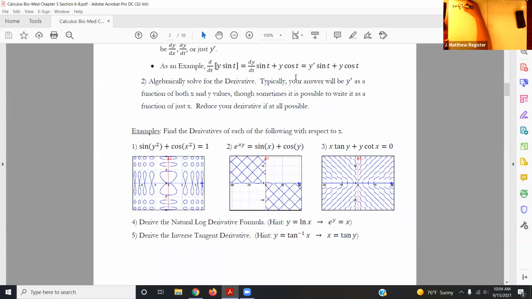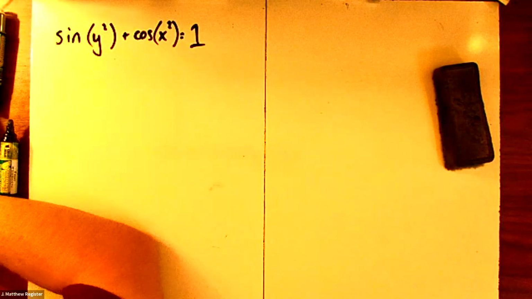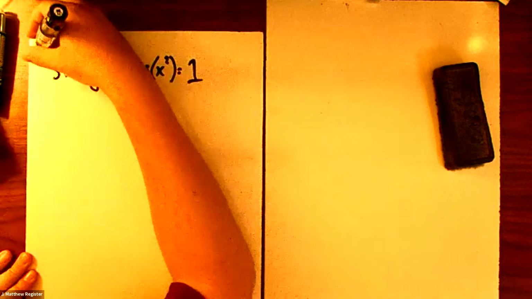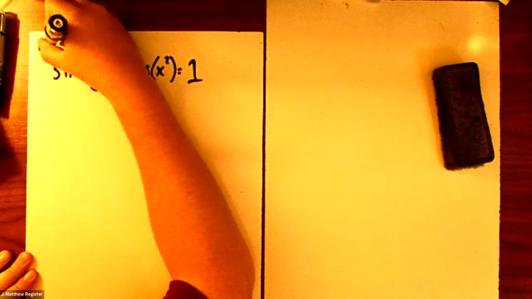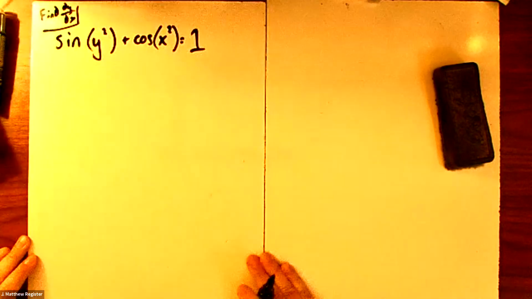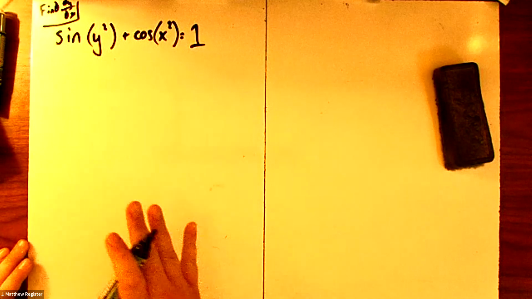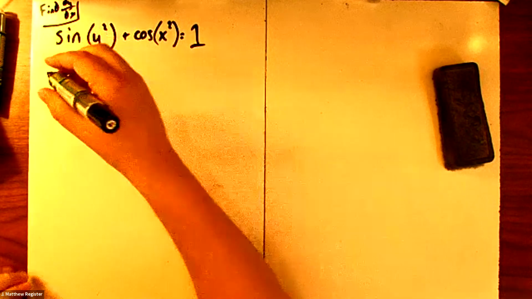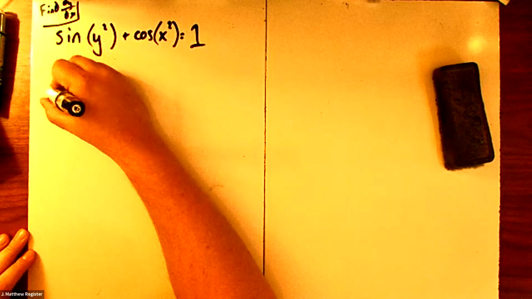Sine of y squared plus cosine of x squared equals 1. And so if we wanted to find dy/dx, well, first it might be important to actually know that that's our goal. So find dy/dx. And so the derivative of the first term, sine of stuff, is going to give us cosine of stuff.